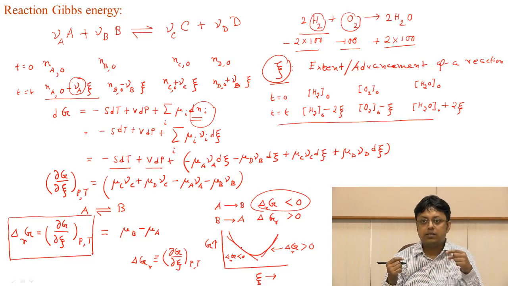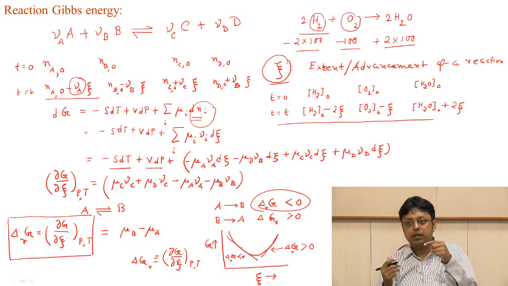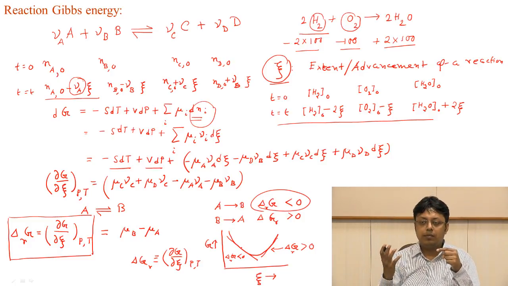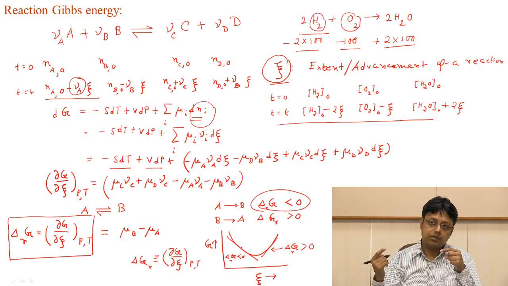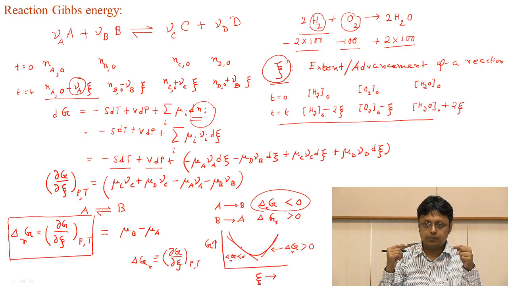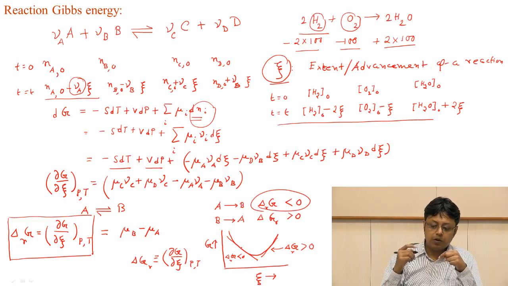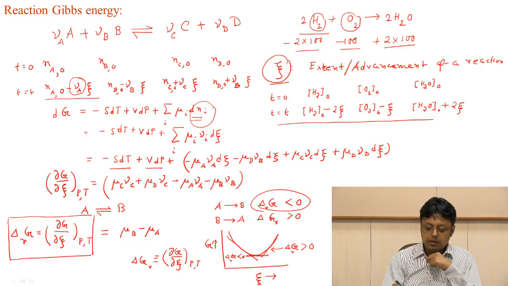And what is happening here, the forward reaction is happening, then the reactant is gaining in amount, more and more B is formed, so B is actually giving way to A. And then these two Gibbs free energy curves, as we have seen, will try to minimize the overall Gibbs free energy, which is something like this, because we know that the overall Gibbs free energy has to be minimum.